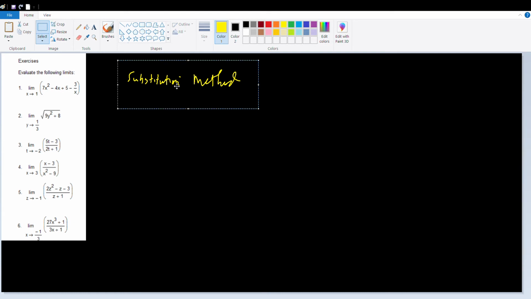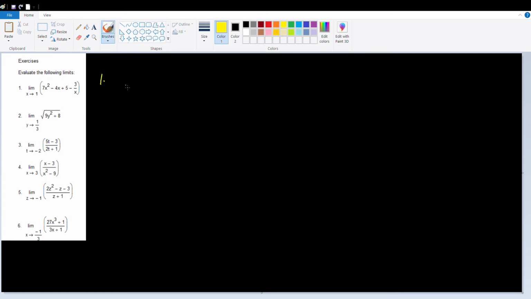So for now, let us solve the following. The limit of the quantity 7x squared minus 4x plus 5 minus 3 over x as x approaches 1 is equal to 7 times 1 squared minus 4 times 1 plus 5 minus 3 over 1.